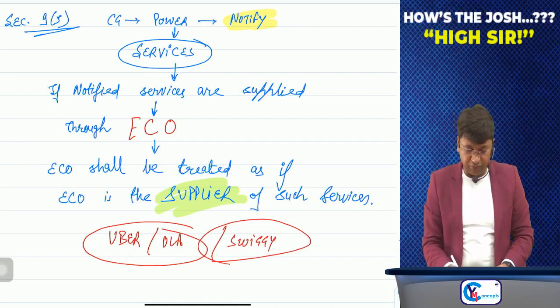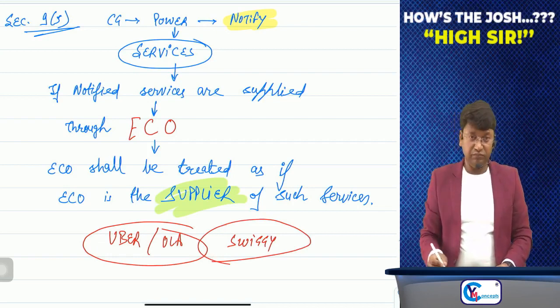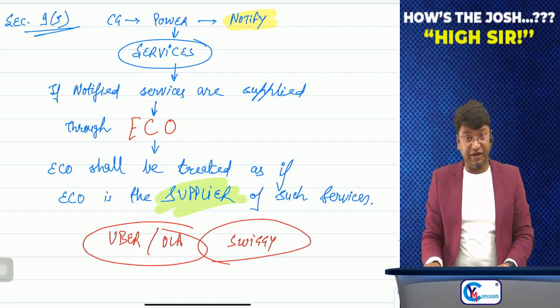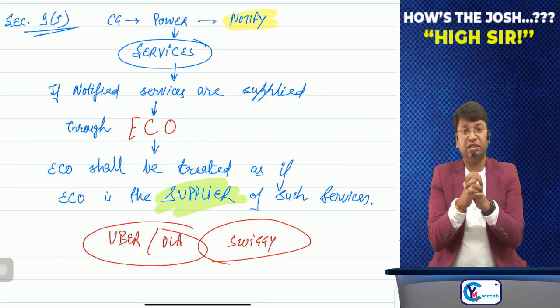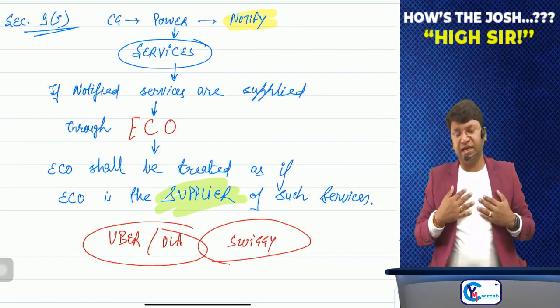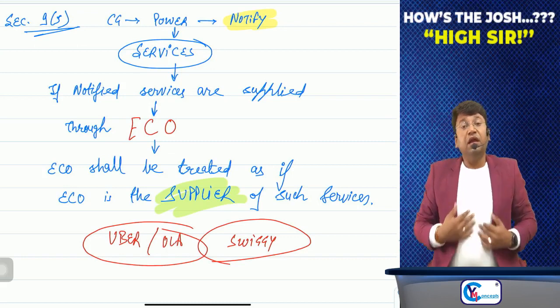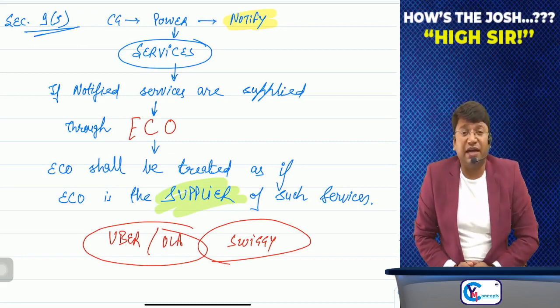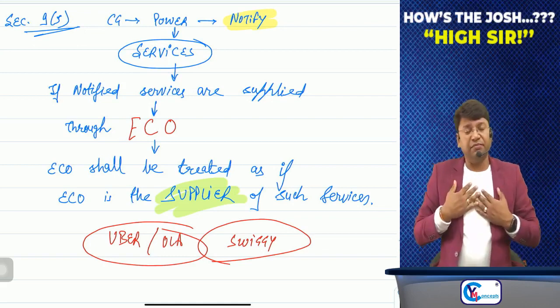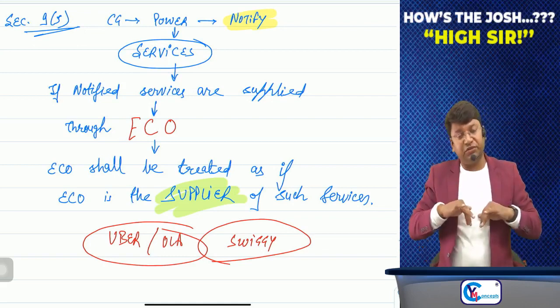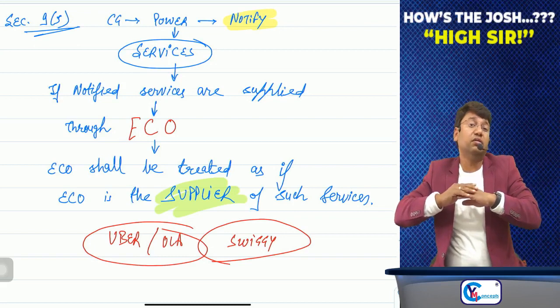If you order some food from Swiggy, then also section 9(5) is applicable. See, I am just giving an example. Suppose I am a taxi driver. I am running a taxi, I am having my own taxi, okay, which is listed on Ola.